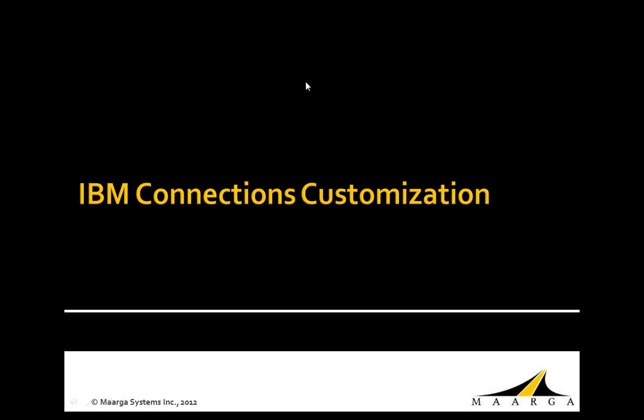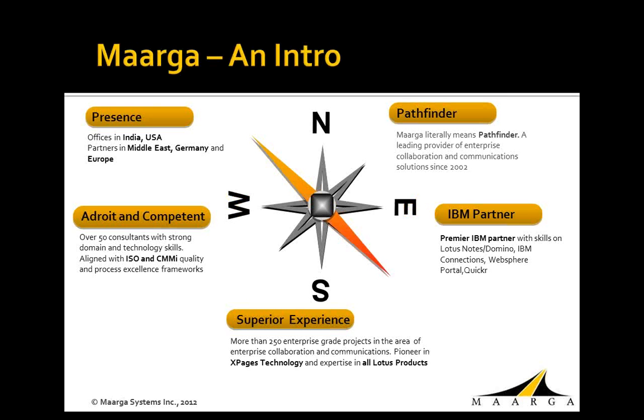So today's webinar is about IBM Connections customization. Before we start off, here's a quick intro to Marga. Marga, the name literally means Pathfinder, and Marga is a leading provider of enterprise collaboration and communication solutions for the past 10 years.